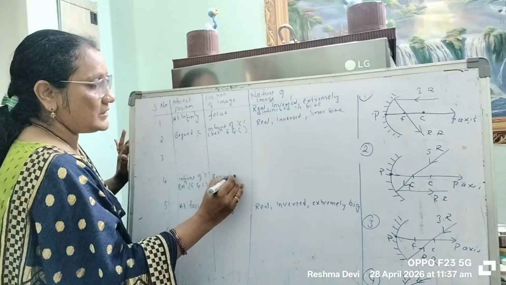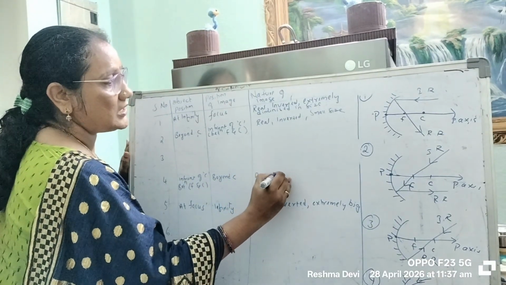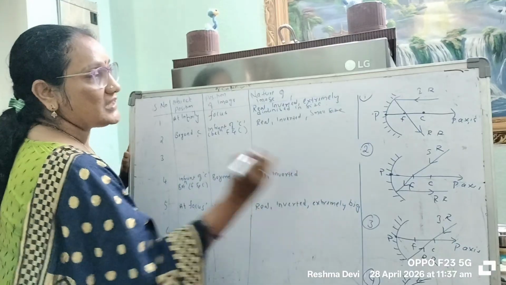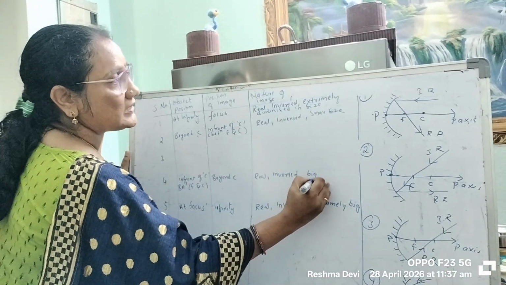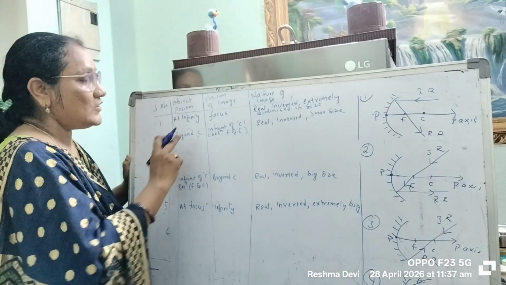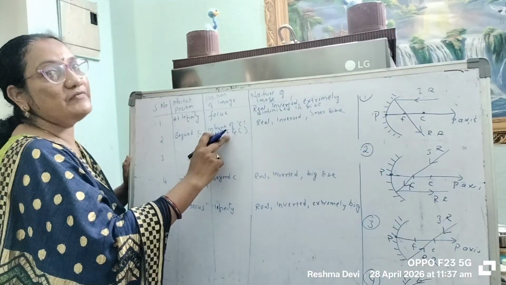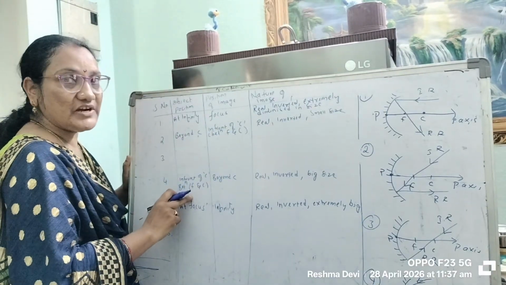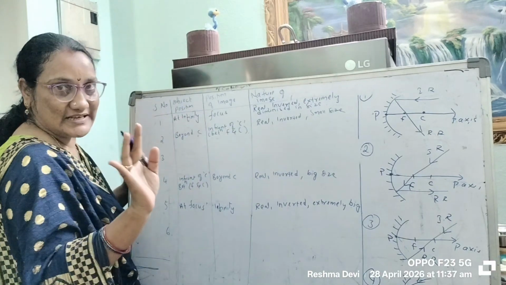Position beyond C. A real, nature, inverted, big size. Image size is bigger than the object size. Now see, these two are quite opposite. Beyond C, in front of C. If object is in front of C, image beyond C. Here small size, here big size.